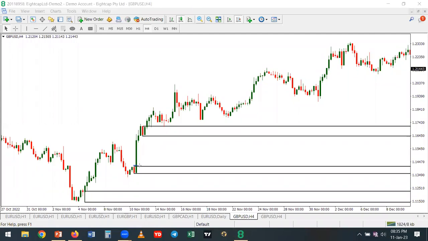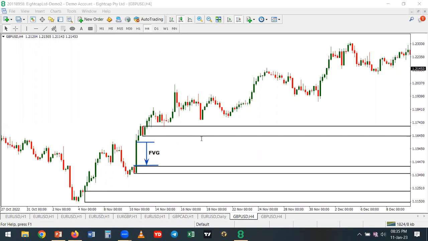This is another block here, but there's a gap here between this wick and this here. This is what is called a fair value gap. This gap from here to here is a fair value gap that needs to be filled. This is called FVG, a fair value gap that needs to be filled.